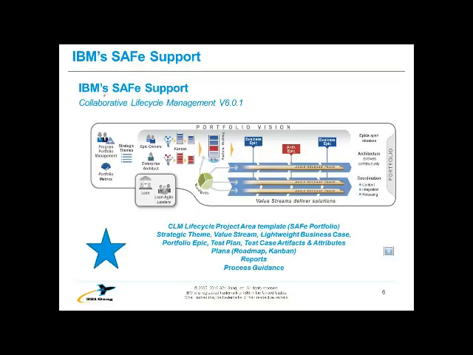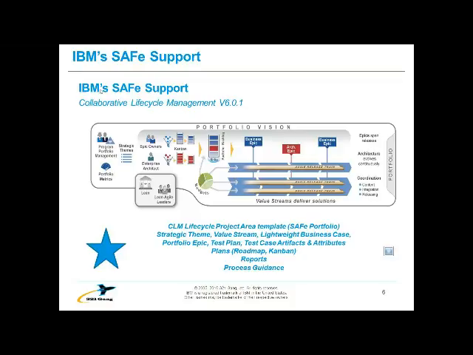Within IBM's product line, in the collaborative lifecycle management, or CLM solution, they've built in a number of SAFE templates that can be used to deploy your project. So if you're using Rational Team Concert, you can set up a project there using a CLM lifecycle project area template, using the SAFE portfolio, and then you get a lot of the SAFE artifacts instantiated for you.